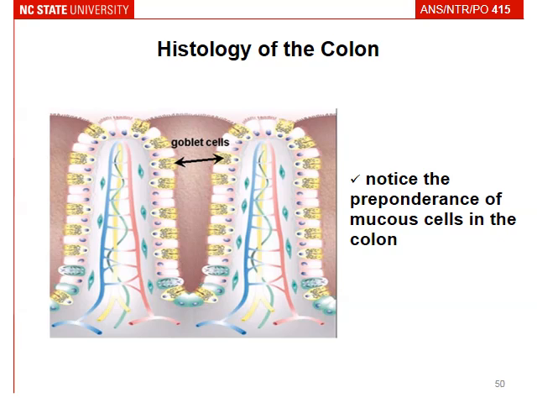Here we have a schematic of the colon, so you can see the significant amount of goblet cells found within the crypts of the colon. And we still have the arteries and veins and lacteals found within these crypts. But once again, notice we don't have any villi.